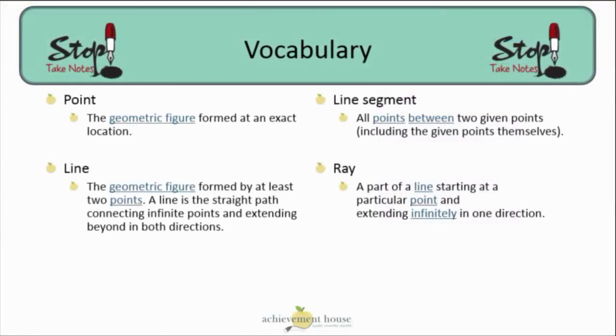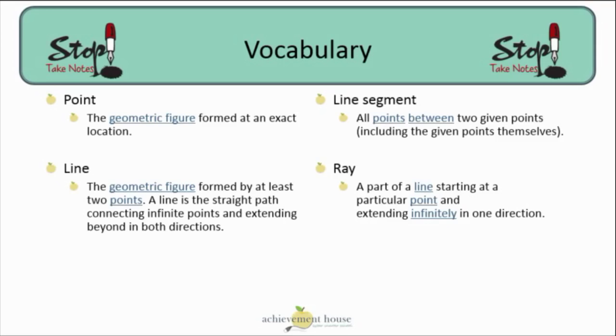So now that we watched that video from Khan Academy, let's just review some vocabulary. Point is the geometric figure formed at an exact location. A very place in space is a point. It's also the place where two lines may intersect.